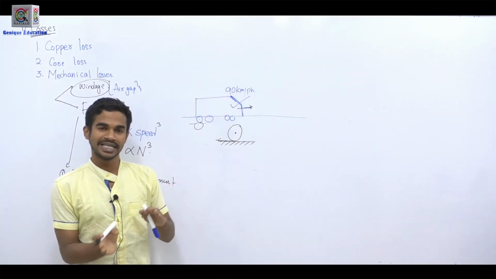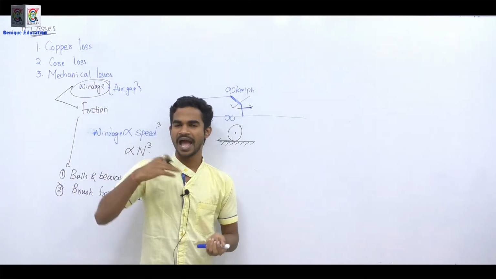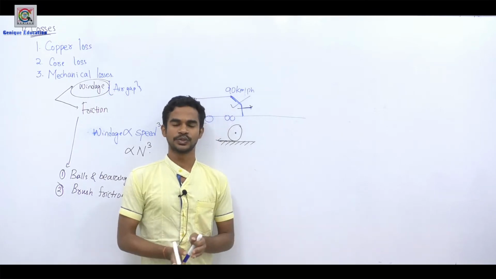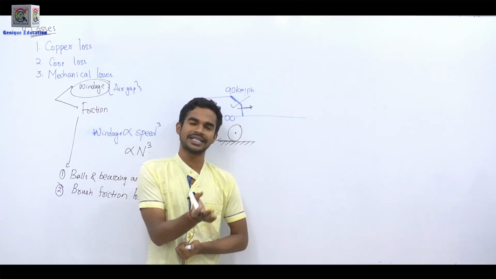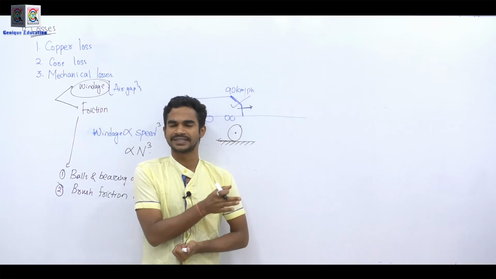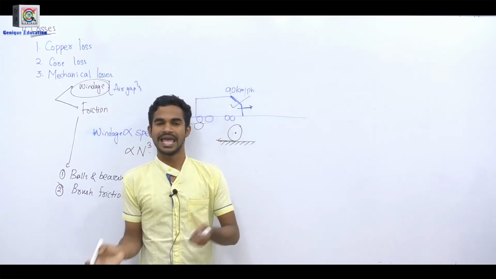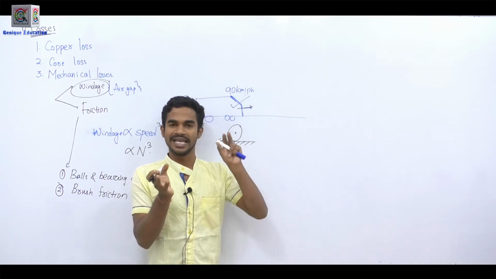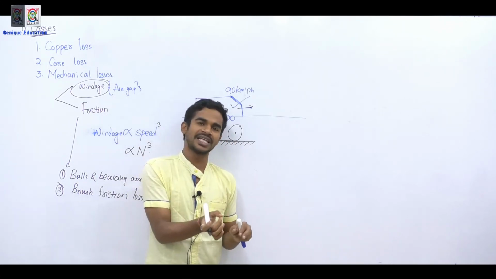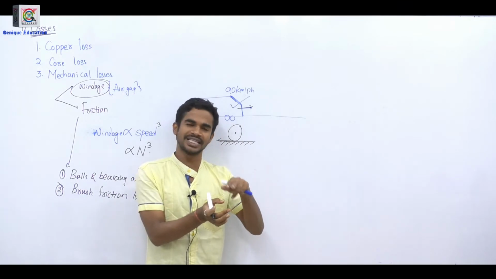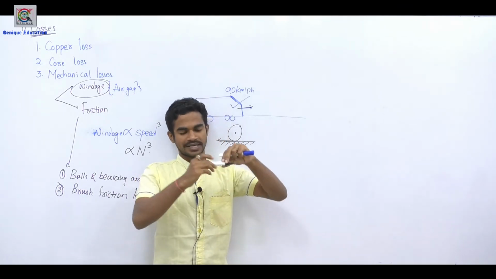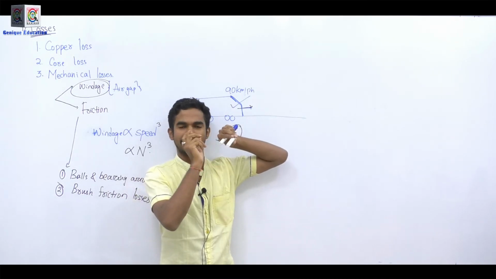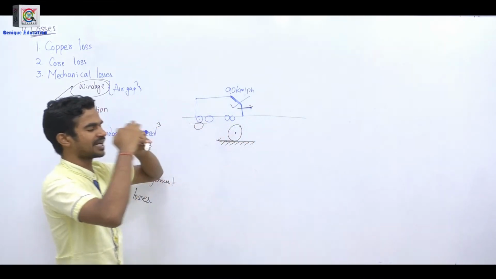In order to increase the starting resistance, I have to add some external resistance. External resistances are connected to the rotor part of the induction motor through the brushes, and the brush is in between. The brush is of course the static part. In the brush, contact leads have been connected, but the brush is a static part, while the shaft of the induction motor is a rotating part. It is a movable part, correct or not? So there is a contact between your brush and the shaft.